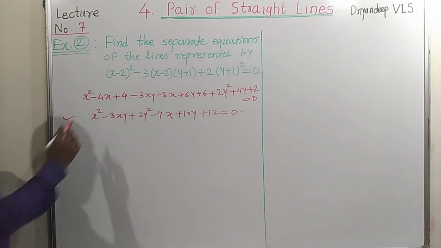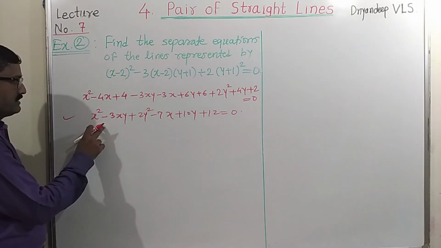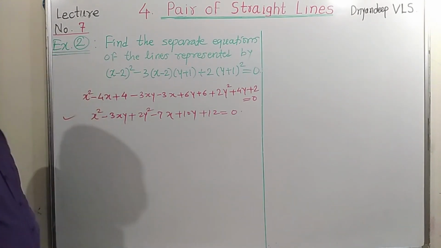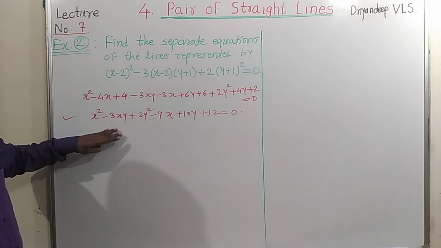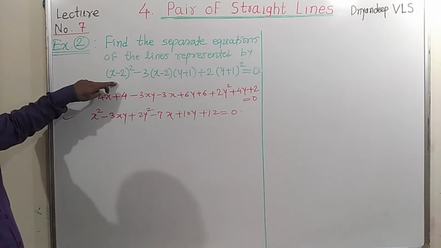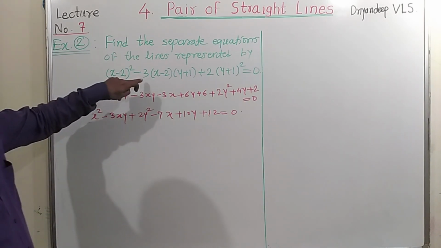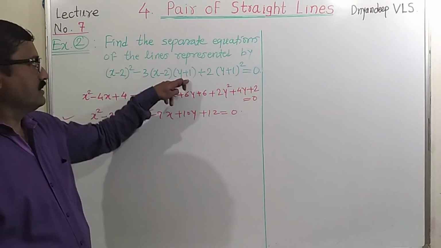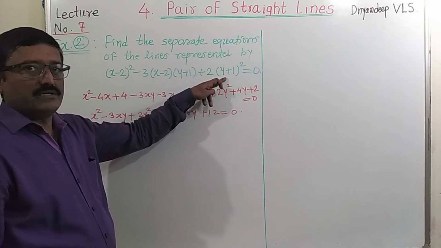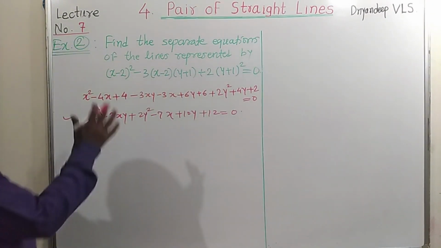So this is a second degree equation in x and y, and this equation is converted into this form. Now whenever a certain equation of second degree in x and y is converted into a form like this, where this is x minus constant bracket square minus 3 times the same term plus y minus constant, and the same term is here in the form of square, then this will be one typical form.